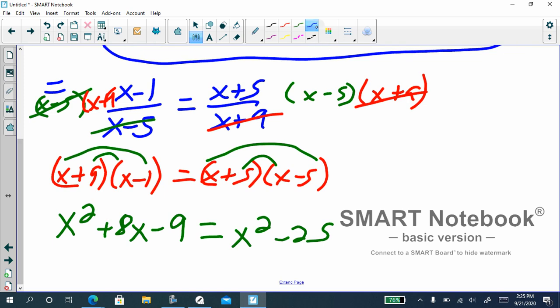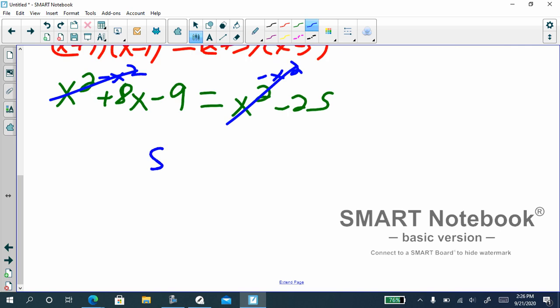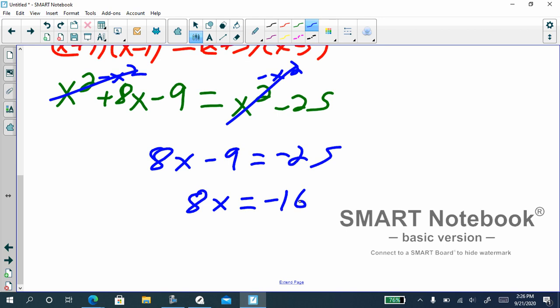So notice, if we subtract x squared from both sides to get our x squareds on the same side, all the x squareds are going to cancel. So we would have 8x minus 9 equals -25. Add 9 to both sides, which would make -16. Divide both sides by 8, and we would get -2. So that number is what would make the two sides equal.